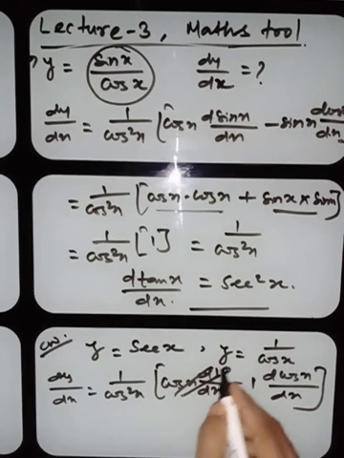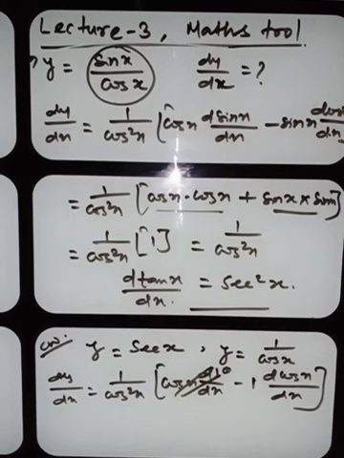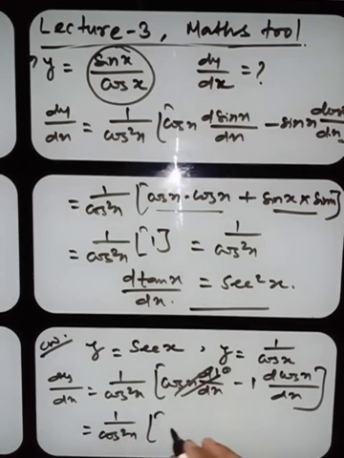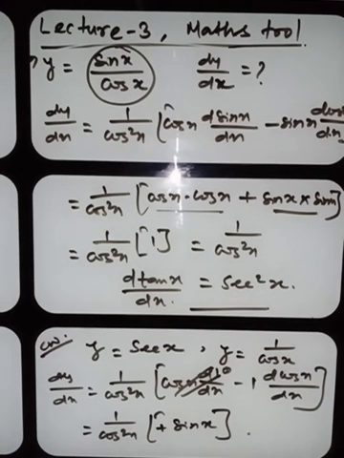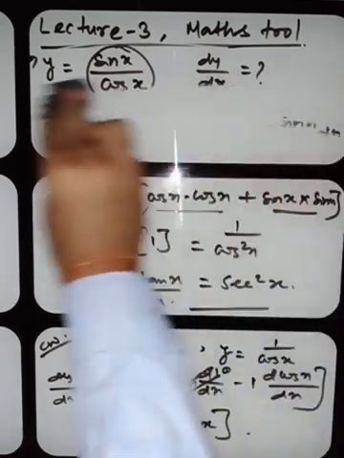How much will it be? 0, because the derivative of 1 becomes 0. It is 1 by cos square x, it is 0, and this is minus 1 and the derivative of cos x will be minus sin x, and minus and minus make plus. Do you remember? Yes. Now let me write over here.